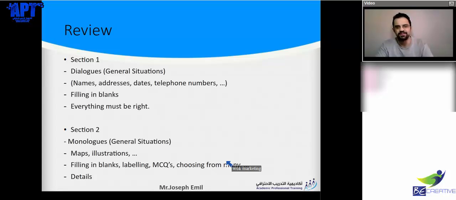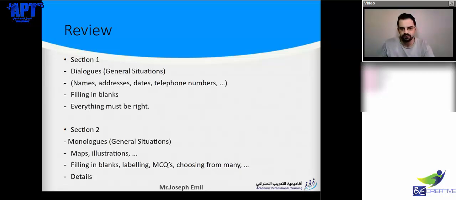I'm not sure if I can use this expression, hunting for details, but you try to find the word that most perfectly matches the space in your question, and that means you have to understand the question. But in the second section, you understand the question in addition to understanding the speech, what they're talking about. Okay, there will be a lot of paraphrasing.